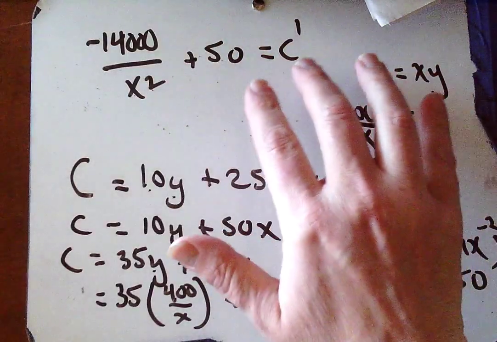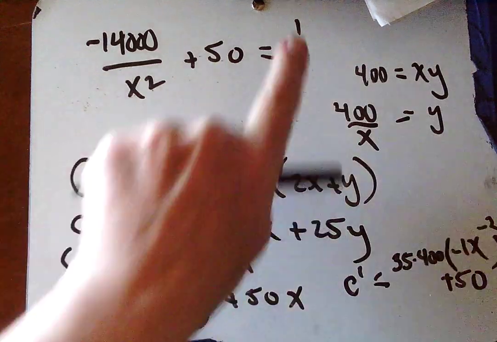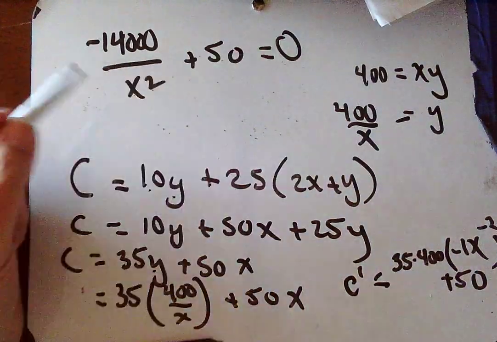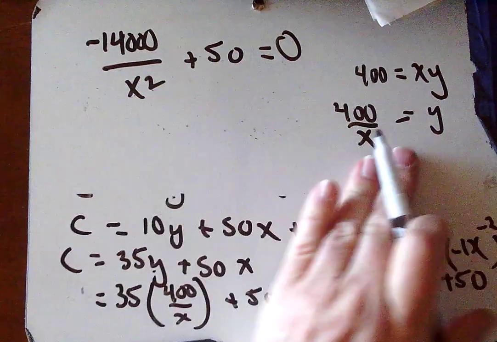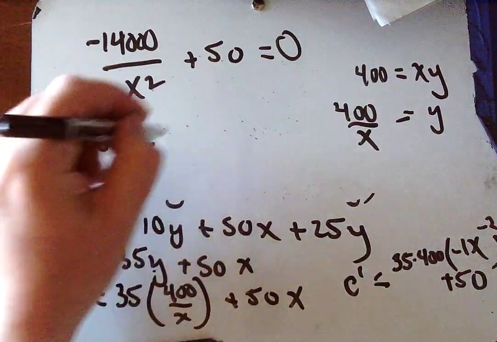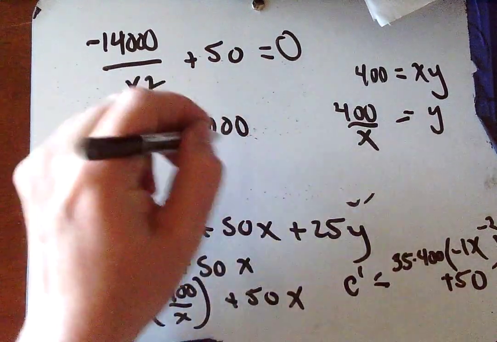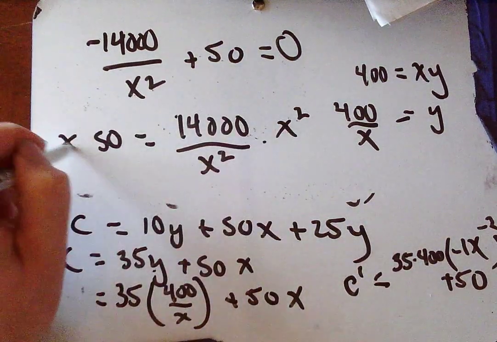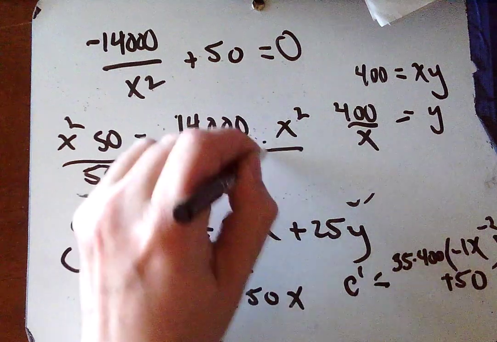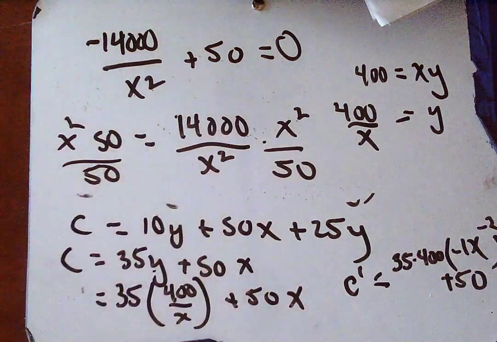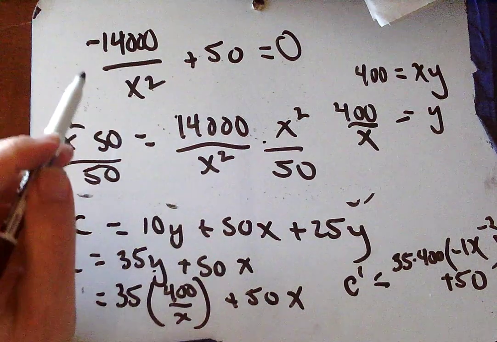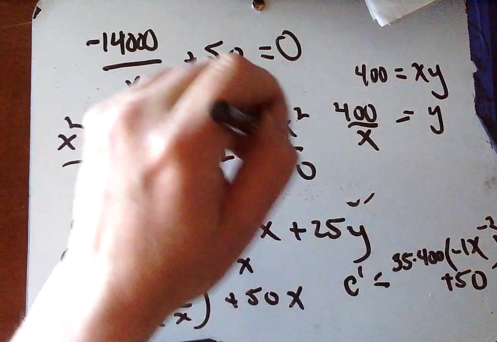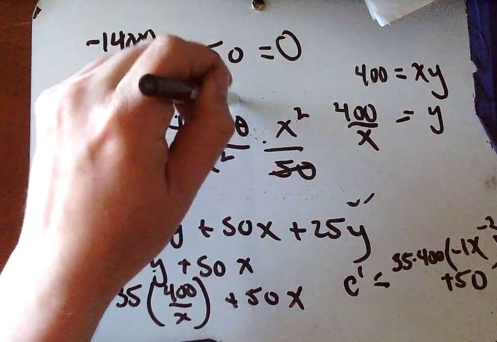Well, if I plug in a 0 for c prime, I can then go about solving this. I'm going to add this to both sides. And so I have 50 equals 14,000 over x squared. Multiply both sides by x squared. Divide both sides by 50. Okay, so 14,000 divided by 50, and I've got 280.